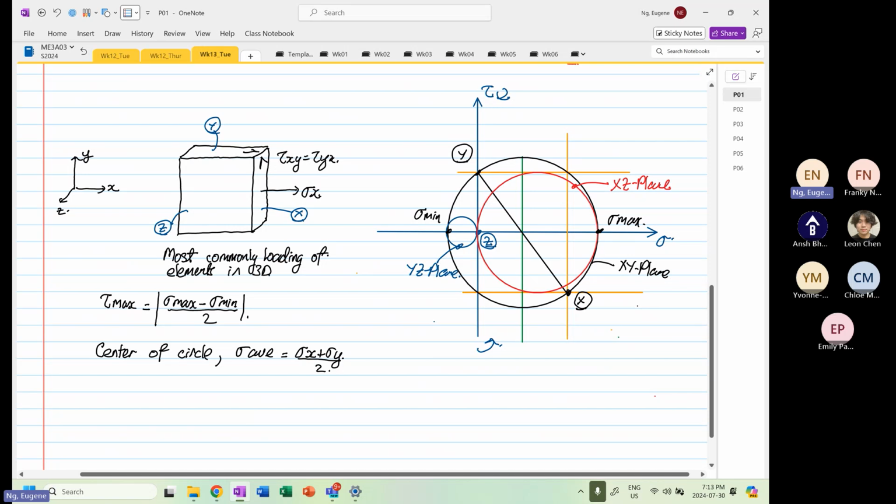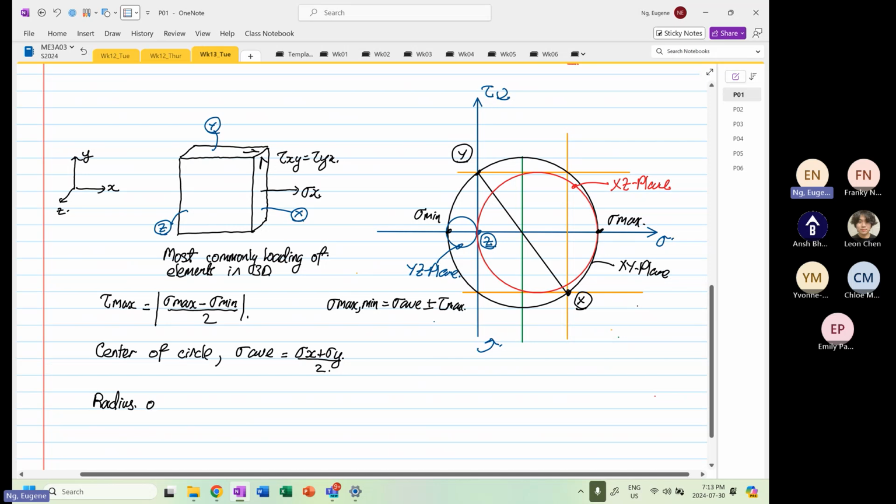Okay. And then we need to find the radius of the circle. Why do we need to find the radius of the circle? Because stress max and stress mean are equal to stress average plus or minus tau max, which is the radius of the circle.